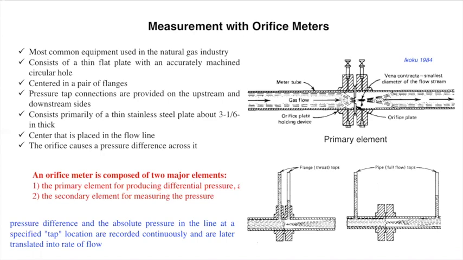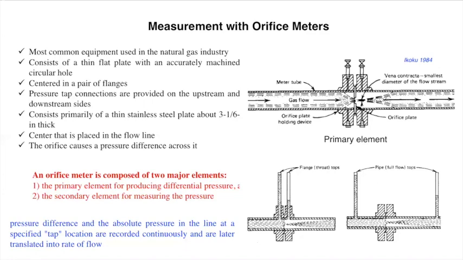This consists primarily of a thin steel plate, about 3 1 by 6 inch thick, right? I'm talking about an orifice meter made of stainless steel, placed in the center of the flow line where the flow is coming, and this causes a pressure difference across it.